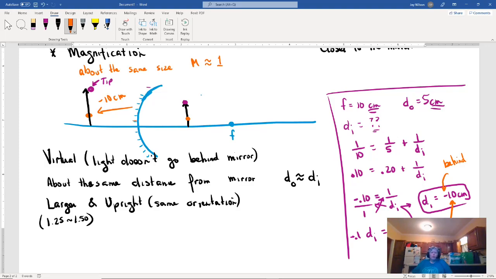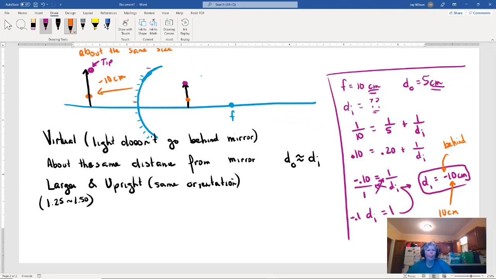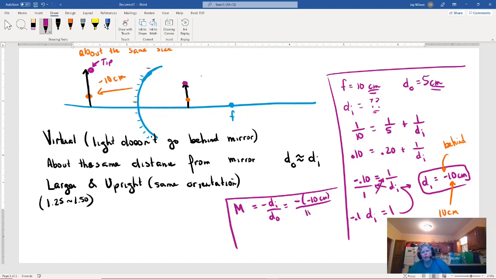And you'll notice that when I put that in, if I want to know the magnification here, I'll do one more little box. Magnification is negative di over do. So in this case it's negative 10 centimeters over 5 centimeters.